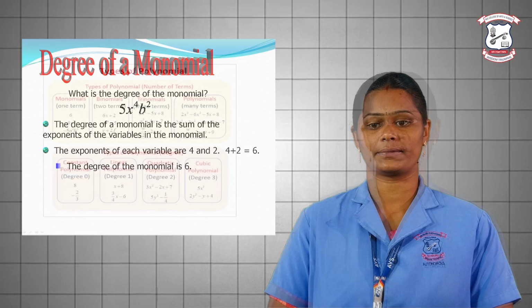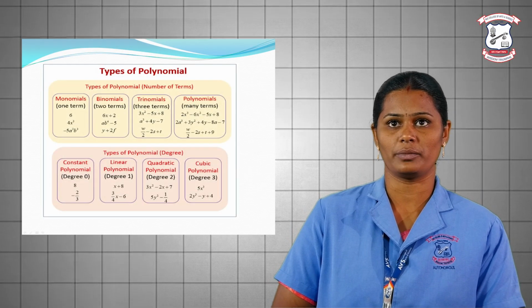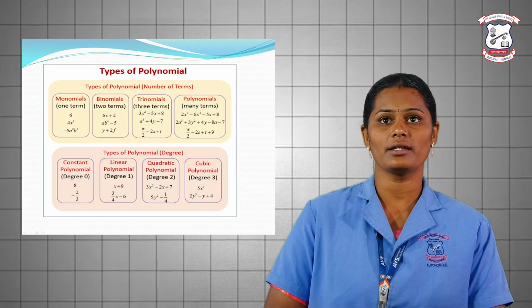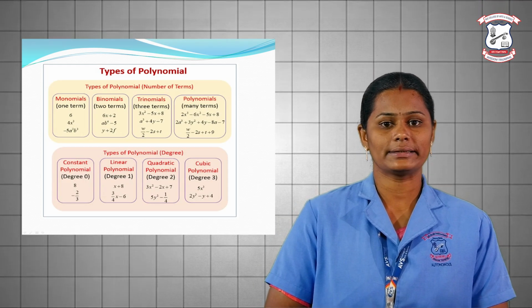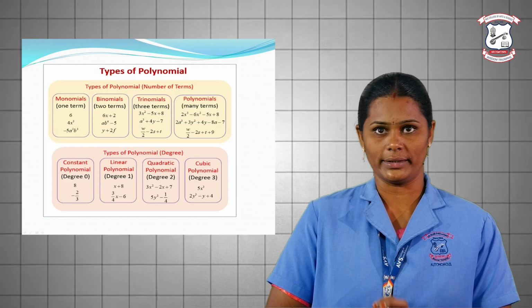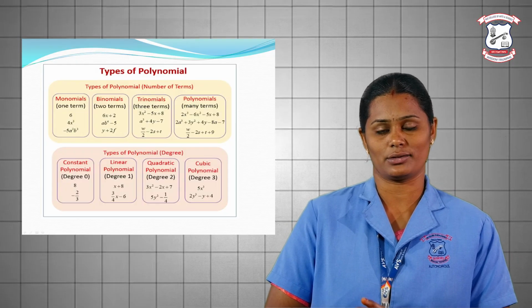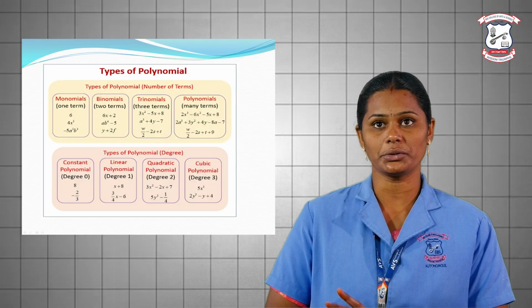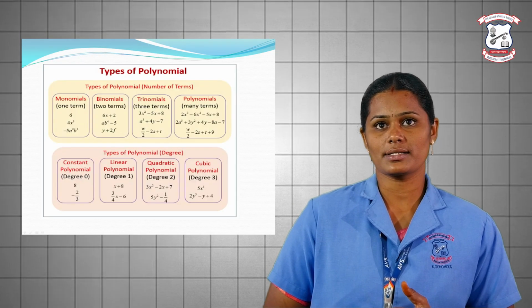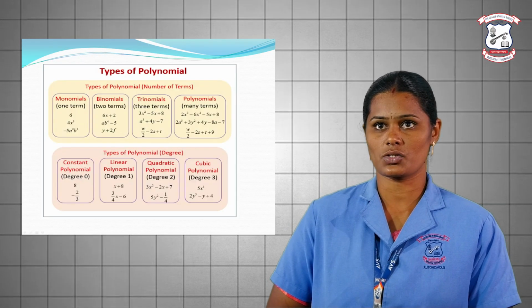Okay, next. So see the types of polynomials, which are briefly given here. So first one is monomial. A monomial, as already told, has only one term in the equation. Next one, binomial. A binomial has two terms, that means one is a variable term and another one is a constant term.